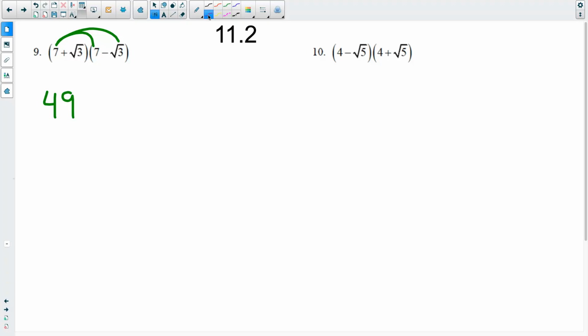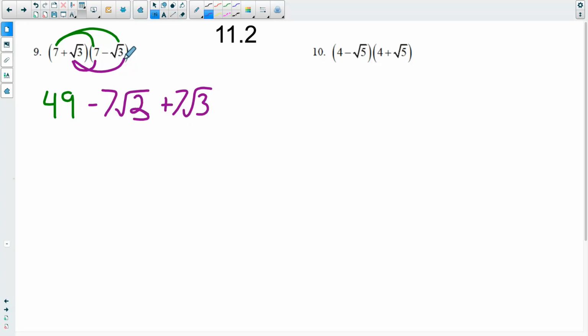Negative 7 times square root of 3. Yeah. So actually the question is also the answer. So we get that. I do the next one, so 7 times square root of 3 is 7 times the square root of 3.